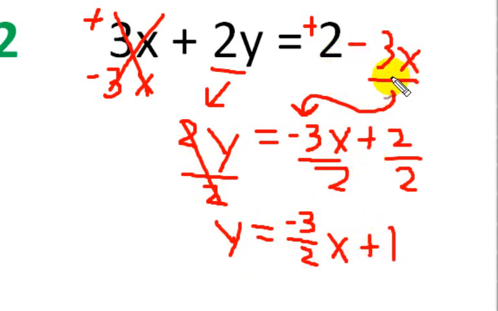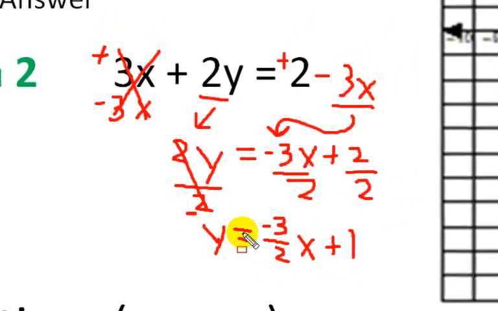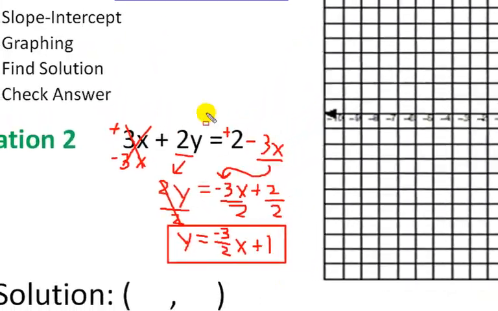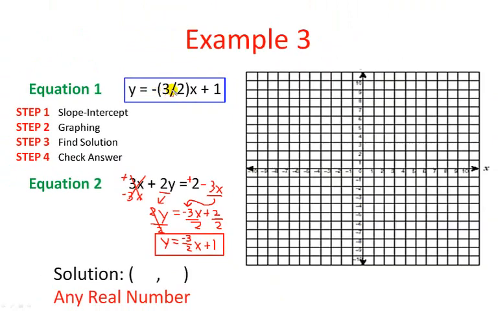If you didn't switch these here, you would have just switched them right here at the last step. But if you look at these now, we actually have the same equations. We have y equals negative 3 divided by 2 x plus 1.